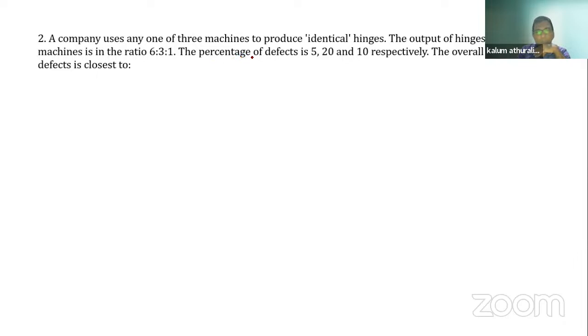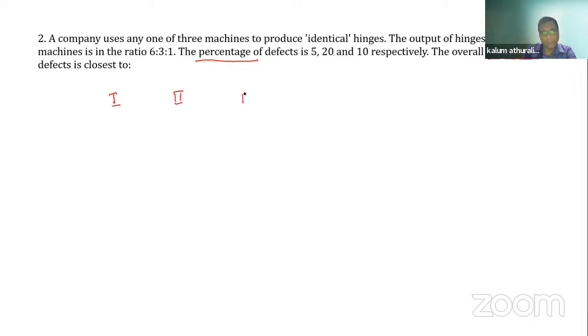The percentages of defects are 5, 10, and 20... The overall percentage of defects is?